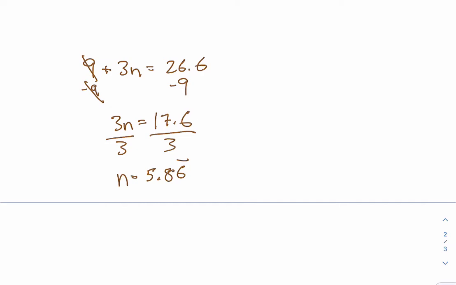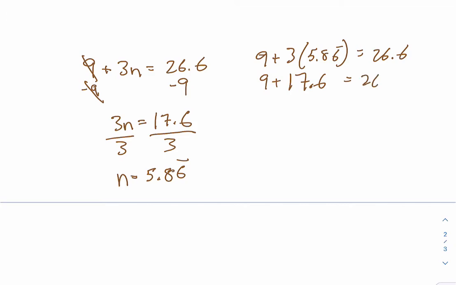So then I would verify that 9 plus 3 times 5.86 repeated equals 26.6. And this again, order of operations, that would be 3 times 5.86 repeated would give me 17.6 plus 9 equals 26.6. Then you add those together and that's 26.6. Check.